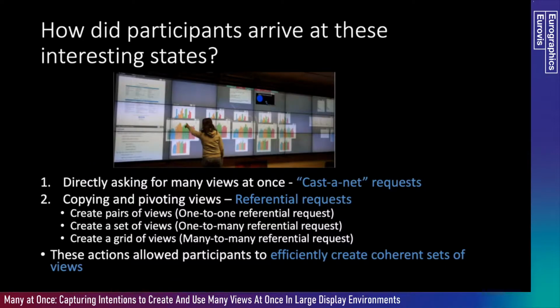But for the sake of brevity, I'm going to focus in this talk on a few of the interaction approaches that together help participants create many views at once. Specifically, directly asking for many views at once, which we call cast-a-net requests, and copying and pivoting views on the display, which we call referential requests. These actions in particular allowed participants to efficiently create coherent sets of views.